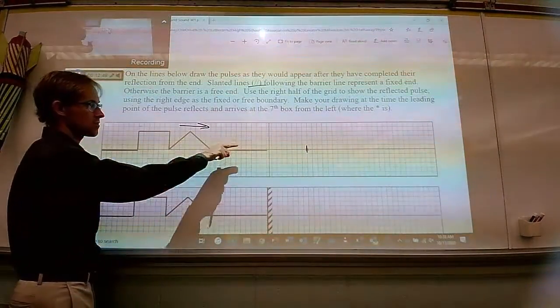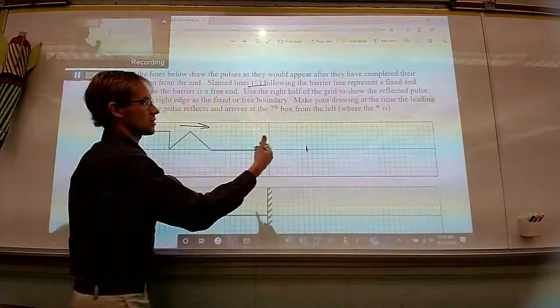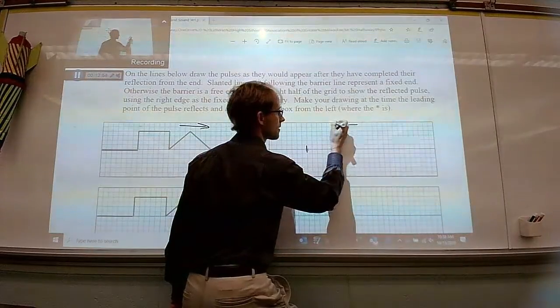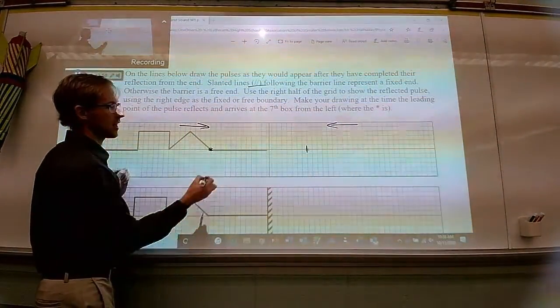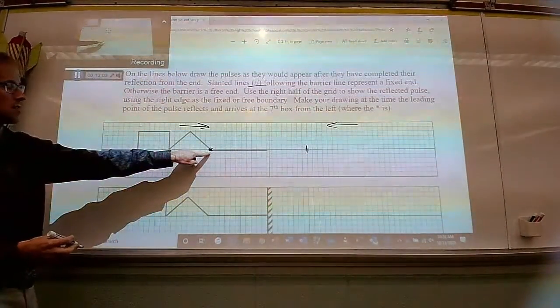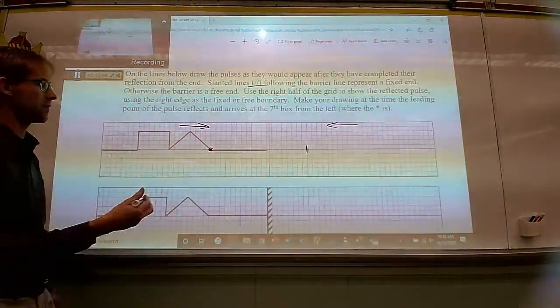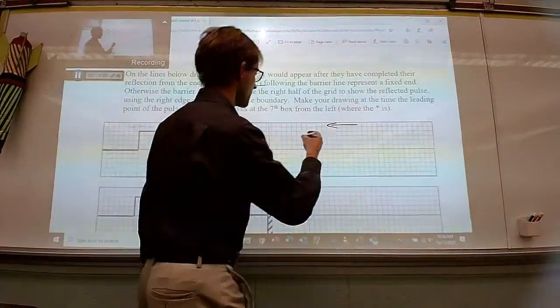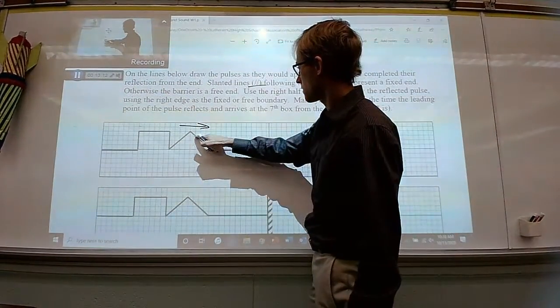So it's going this way, it hits that boundary, and now it's going to head back to the left. And this location, the leading edge, has to be right here. So this location has now flipped and is moving over to the left. So we've got to create a little triangle that's going to be upright. It's going to go 1, 2, 3, 4.